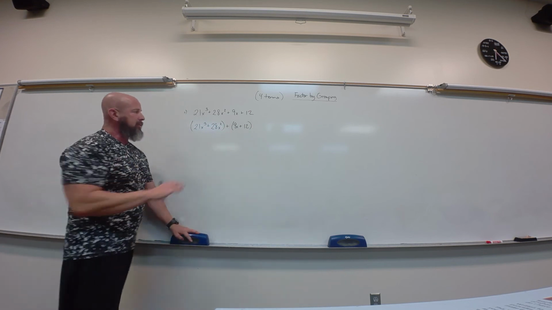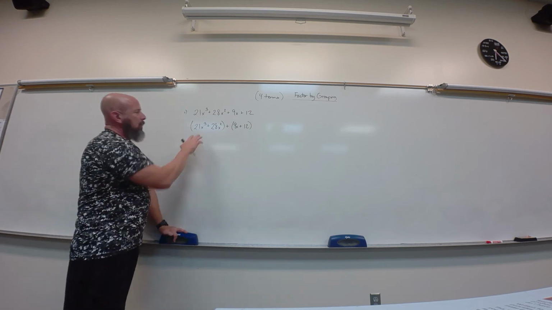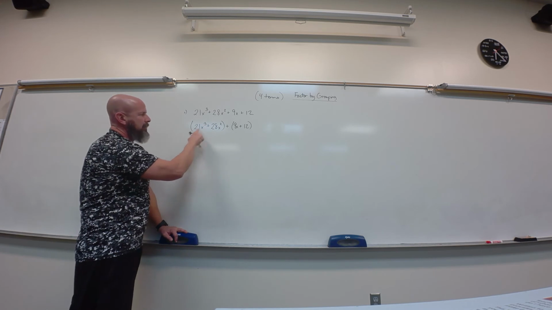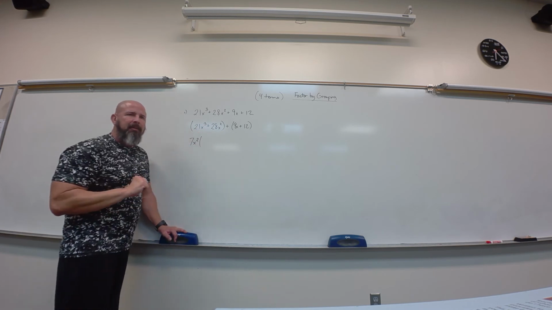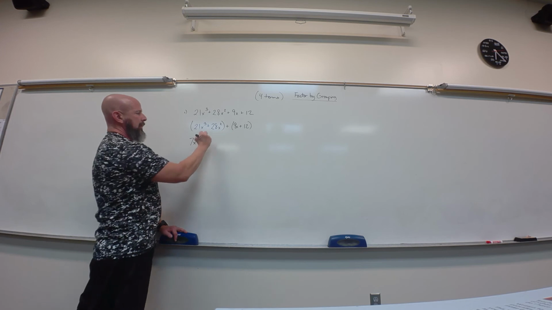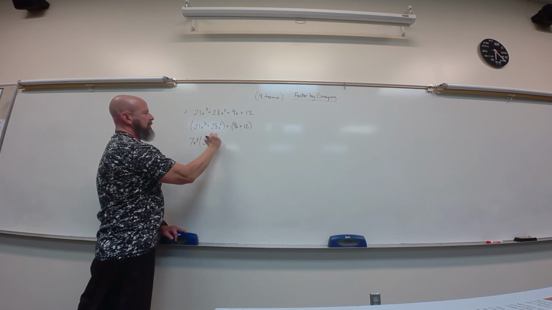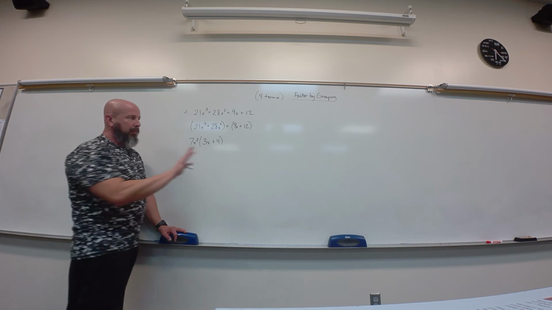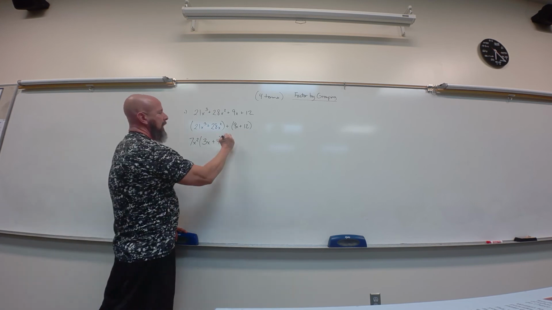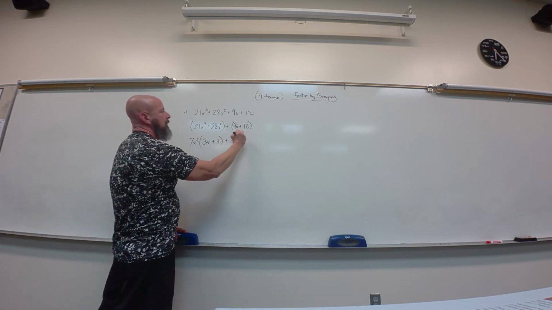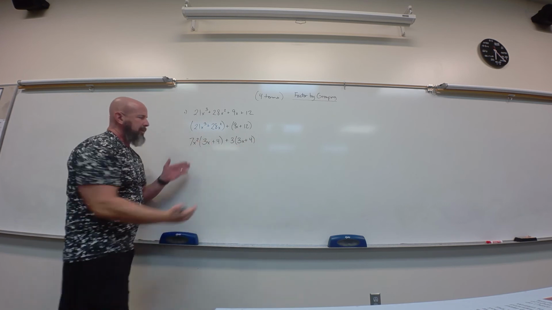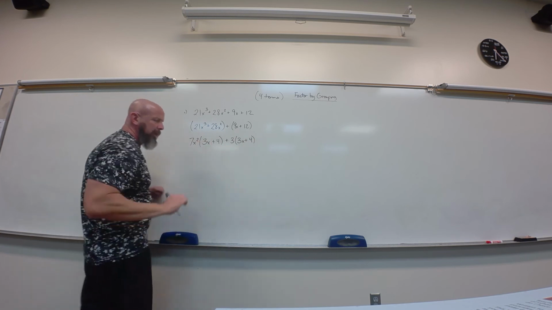Now I can look at these terms individually. Well, I see a 7x squared in common here. So there's back to that greatest common factor between those 2 terms. That will leave me a 3x plus 4. I look at the second term, the right side. I see a 3 in common, and that leaves me a 3x plus 4. When I grouped them, taking out a common factor, look what's showing up there.